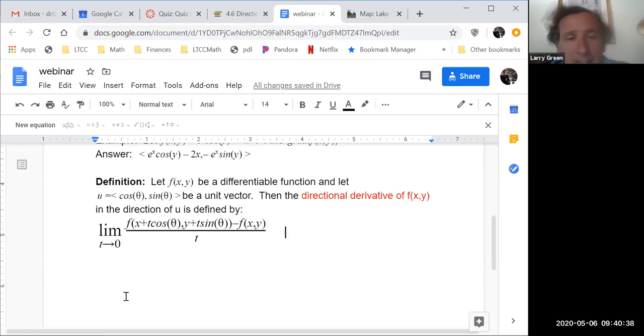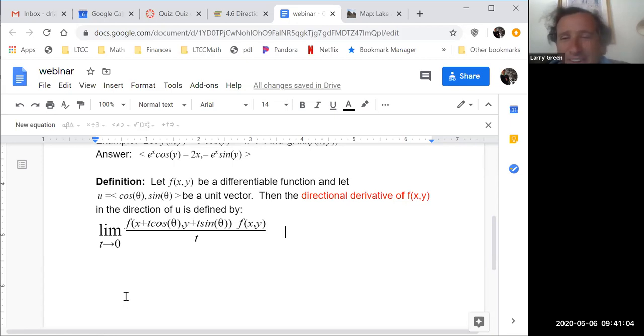But I will tell you, the good news is, just like with regular old derivatives, you don't usually have to do this. When you take a derivative, how often do you resort to this definition? I wouldn't say never, but rarely might be the better word.